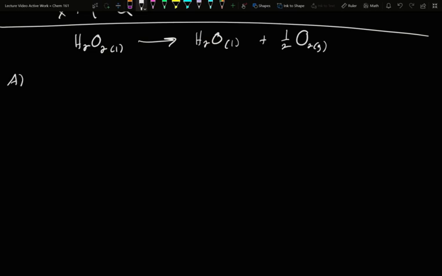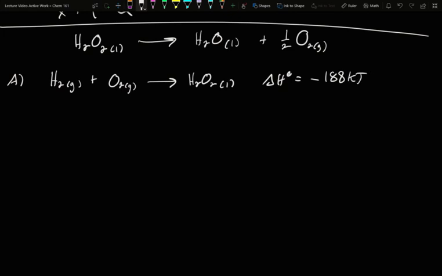We're going to be told A: H2 gas plus O2 gas can make hydrogen peroxide liquid with a delta H naught of minus 188 kilojoules.